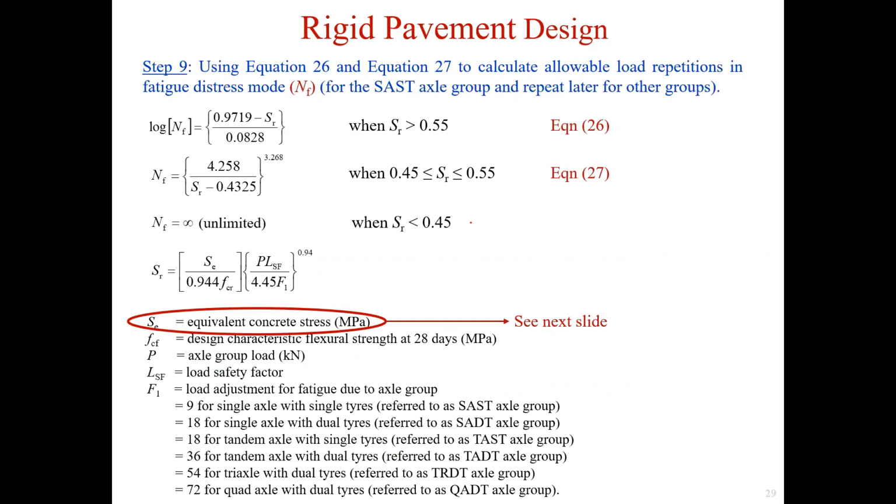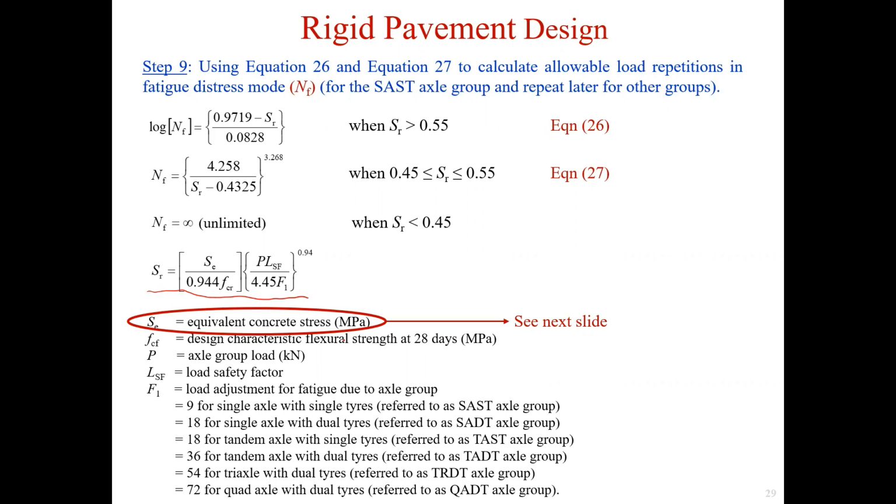Next is step 9, which is to use equations 26 and 27 to calculate the allowable load repetitions in fatigue distress mode for the SAST axle group. The SR could be calculated using the formula here, where SE is the equivalent concrete stress in megapascal. We will provide a bit more details in the next slide.